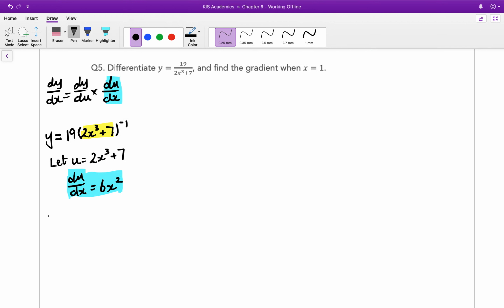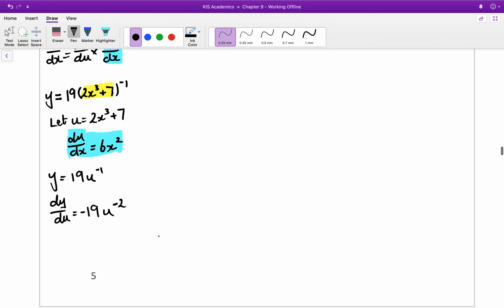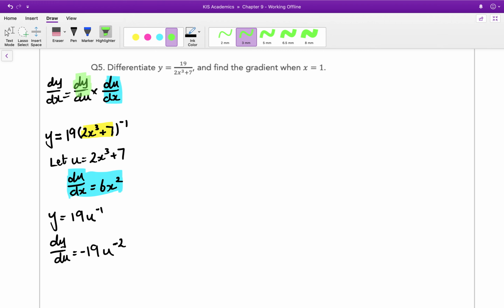And then we also know that y is now equal to 19u to the power of -1. I've simply substituted the 2x cubed plus 7 with u. And then to find dy du, multiply -1 to 19. So we get -19 times u to the power of -2, because we have to subtract 1 from -1. And this is our dy du here.